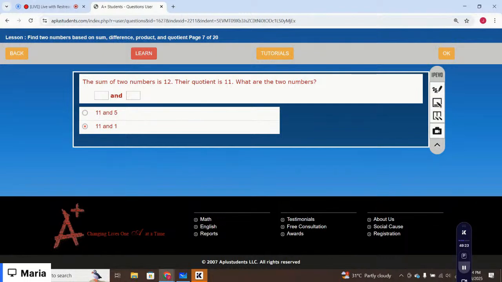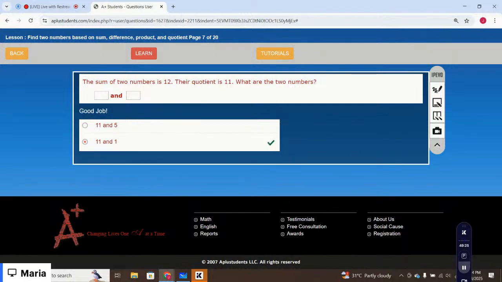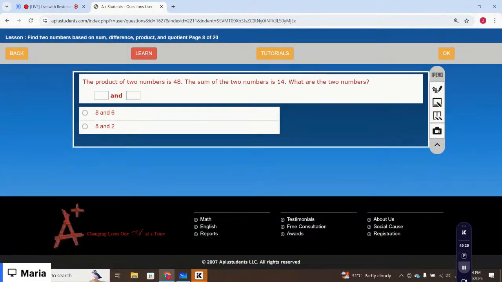Option number 2 is the correct option. The product of two numbers is 48. The sum of the two numbers is 14. What are the two numbers?